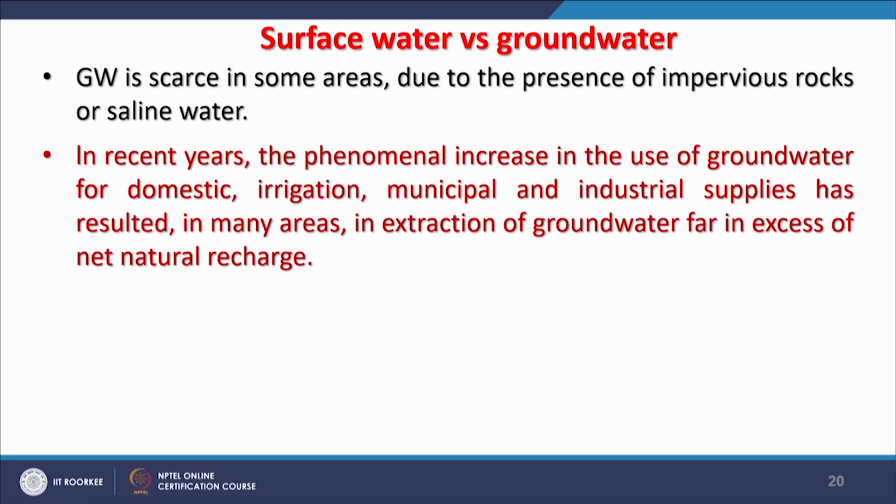So, we completely depend on the surface water, but the problem will come in the dry season or in summer time. However, in recent years a phenomenal increase in the use of groundwater for domestic, irrigation, municipal and industrial supplies has resulted in many areas in extraction of groundwater far in excess of net natural recharge.